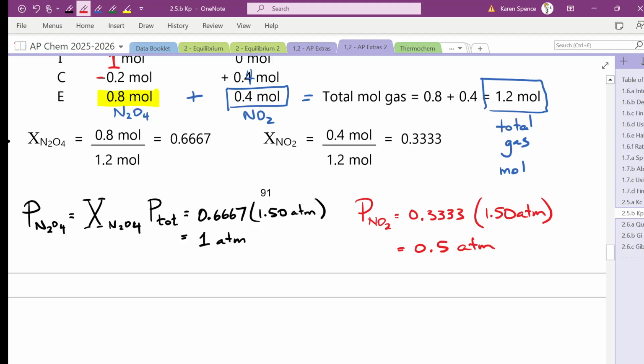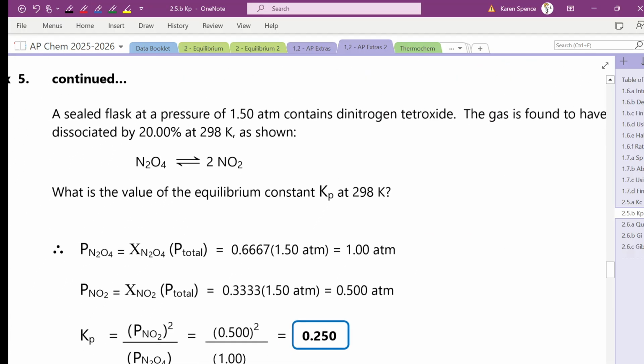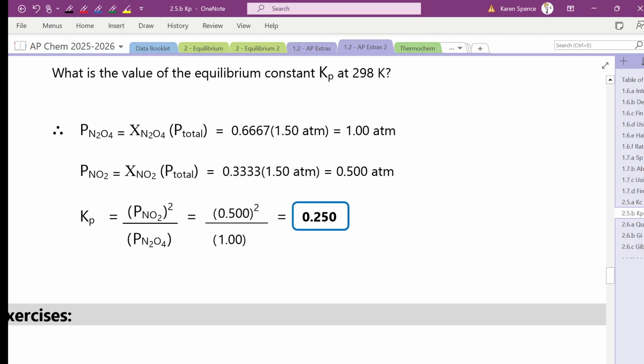And then once you have your partial pressures, which you should get 1 and 0.5, yes, then you can just throw them into your KP and you get an answer. And I don't think my sig figs are correct here, so just ignore sig figs here, okay?